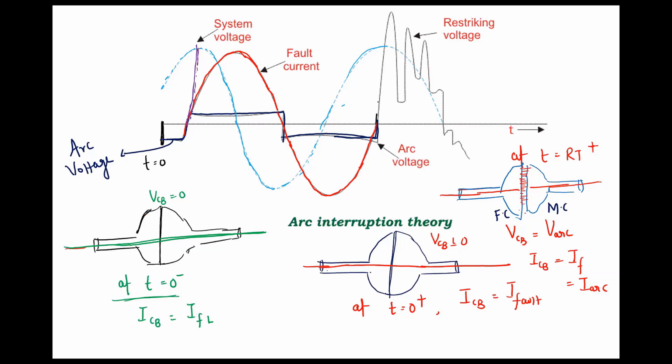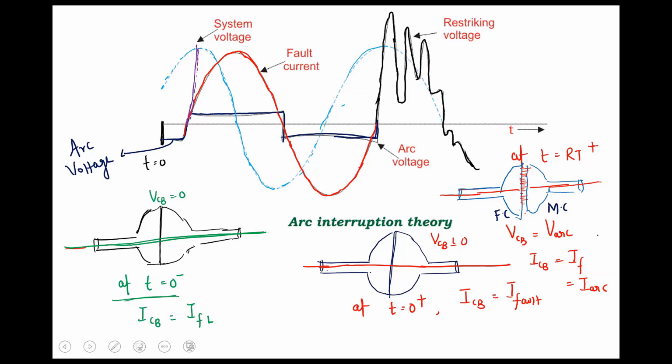Again, when the fault current becomes 0 because of natural current zero, a high voltage transient appears across the circuit breaker poles, which I have drawn in black, because it is again the voltage across the circuit breaker poles.